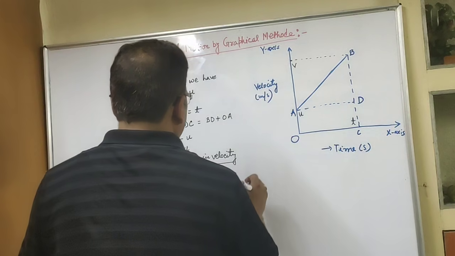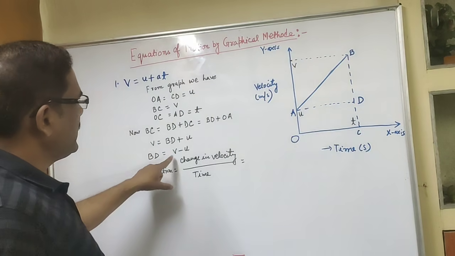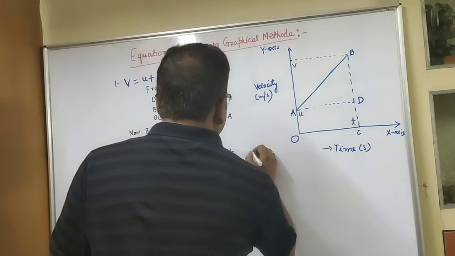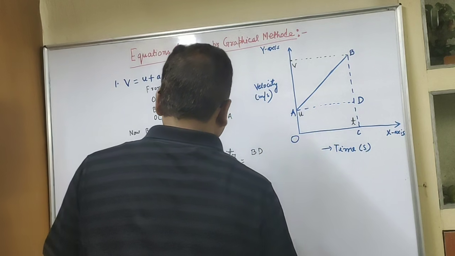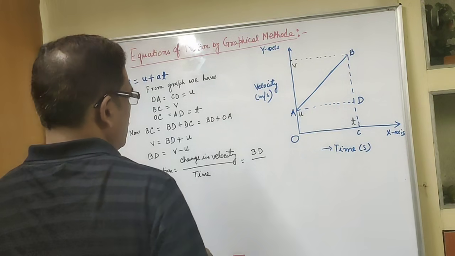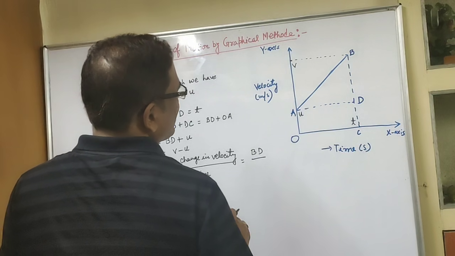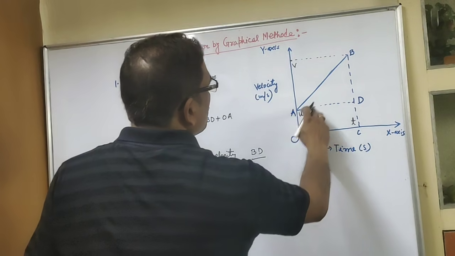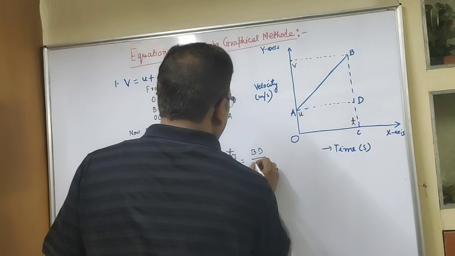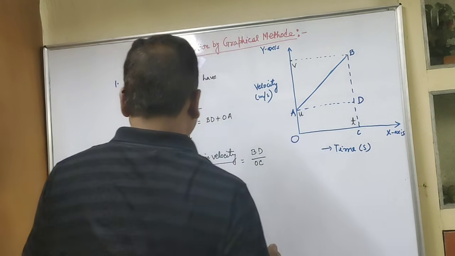So change in velocity, what does BD represent? BD represents change in velocity. So we can write BD, and for time taken, how much time it takes to change its velocity from U to V. So it takes OC. OC is the time interval.